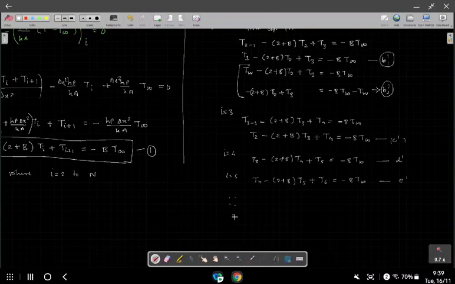Similarly, if you go to I is equal to N, then this should be T n plus 1, isn't it? Minus 2 plus B, n minus 1, so this should be T n minus 1 minus 2 plus B Tn plus Tn plus 1 is equal to minus B T infinity, and so up to that, let me write this as n prime.